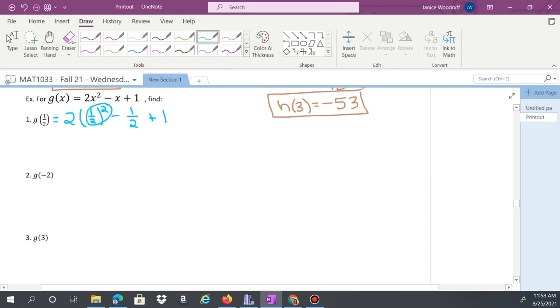So 1/2 squared is 1 squared over 2 squared, so it's going to be 1/4. 2 times 1/4, what's that going to be? 1/2, because it's 2 times 1, which is 2, over 4. So you get 1/2 minus 1/2 plus 1. So 1/2 minus 1/2 is 0, so these just cancel out. So our answer there is 1. So g of 1/2 is 1.